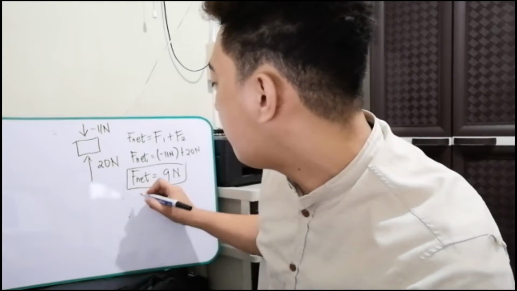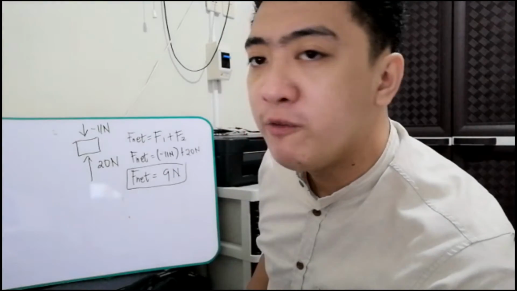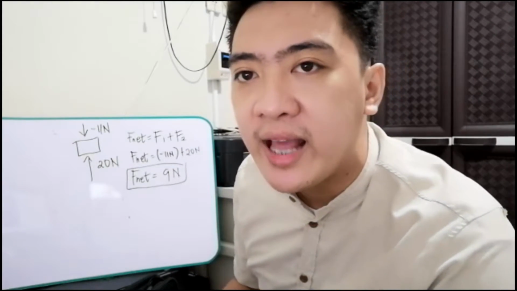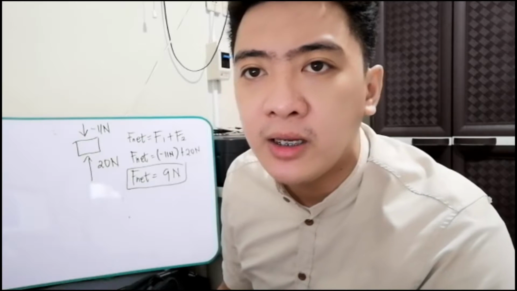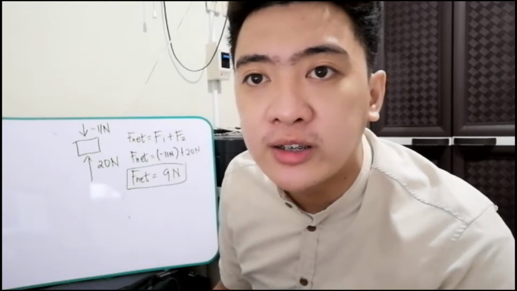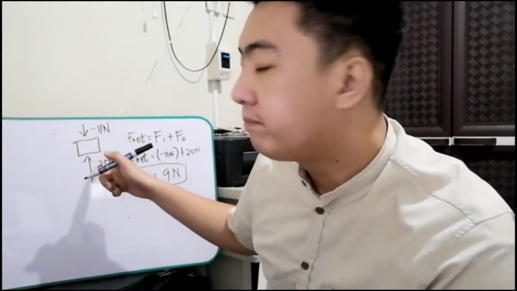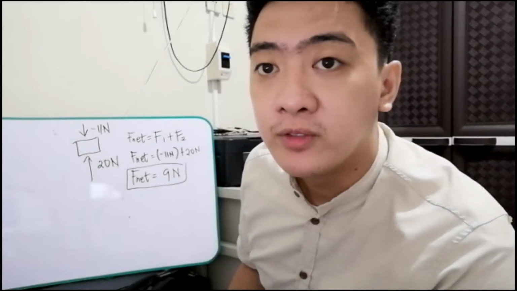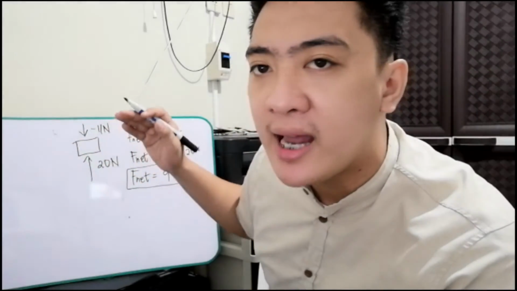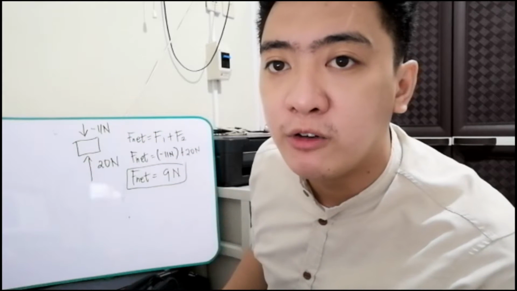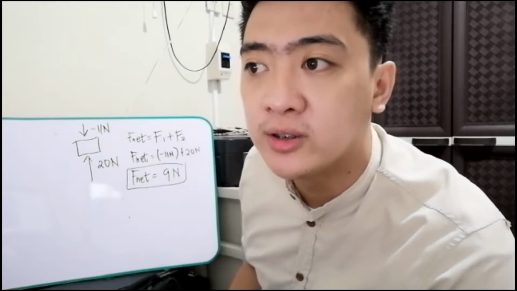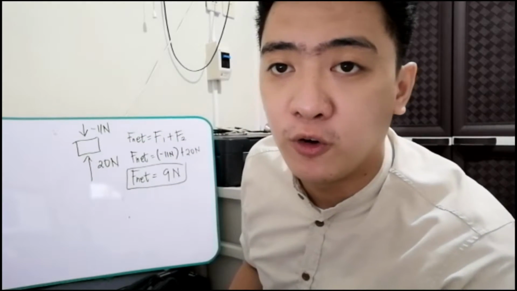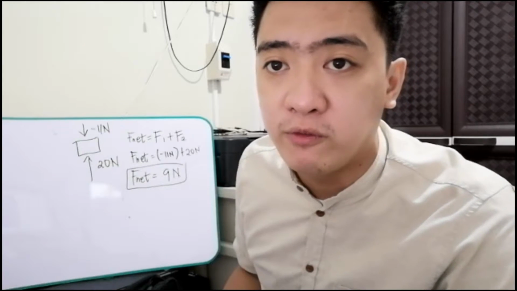The answer is unbalanced. So if it is unbalanced, we need equilibrant force. Pag sinabi natin equilibrant force, ito yung force na magpapabalanse dun sa object. So dahil nga unbalanced siya, kailangan labanan yung another force para maging balance yung force. Ang tawag dun ay equilibrant force. So how will we calculate the equilibrant force?